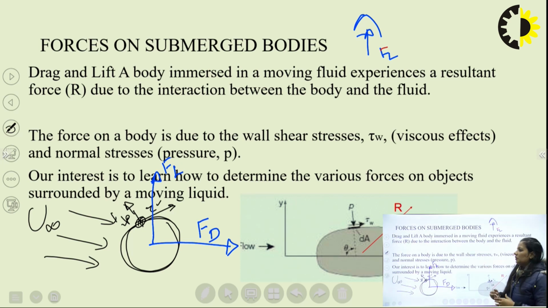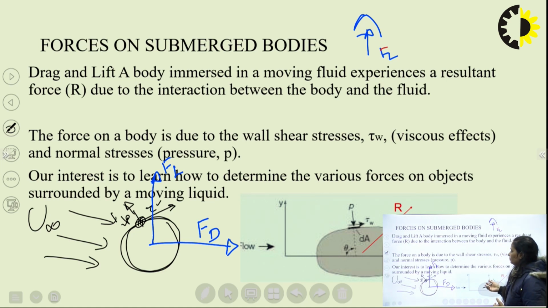We experience these drag and lift forces in daily life, but as undergraduate students we never thought of analyzing them or of their applications. After applying engineering to these concepts of fluid mechanics, you can use them for further applications.